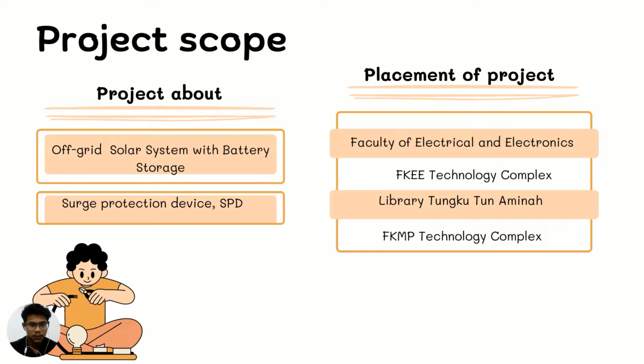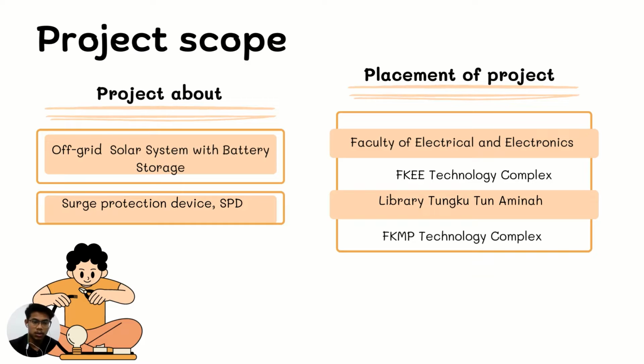So for the project scope, it is to install the off-grid solar system with battery storage in Mutation. This type of PV system is chosen in this project because it can save the cost of electrical bills for Mutation, because it can receive the power from the PV system and charge up the battery in the battery bank and use the electricity for free.